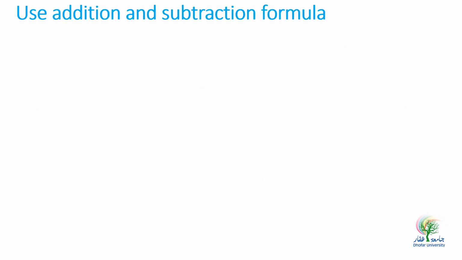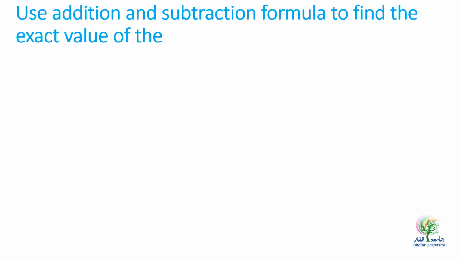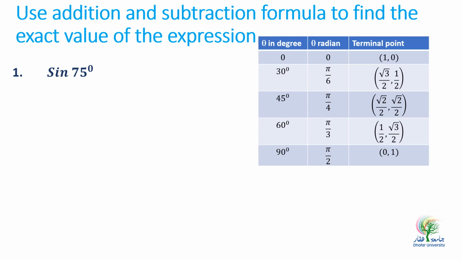Let us use these formulas. Use addition and subtraction formula to find the exact value of the expression, to find the value of sine 75 without using a calculator. We have to remember this table as we studied before in radians. Now we will study in degrees. We should know 0 degree, 30 degree, 45 degree, 60 degree and 90 degree. What are the terminal points? Terminal point means the first one is cosine, the second one sine.